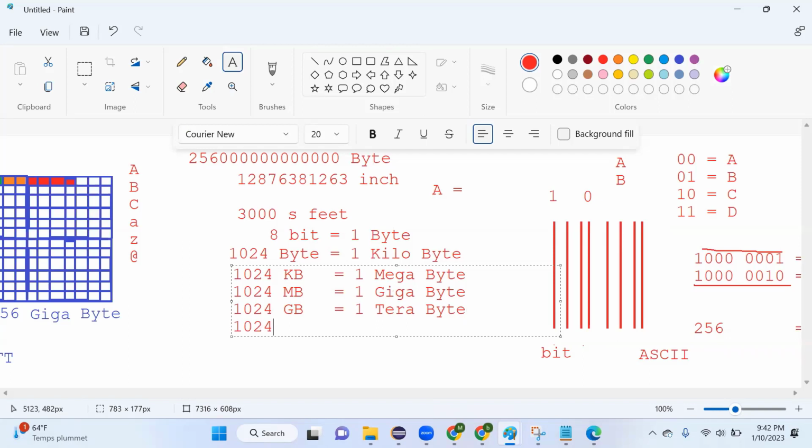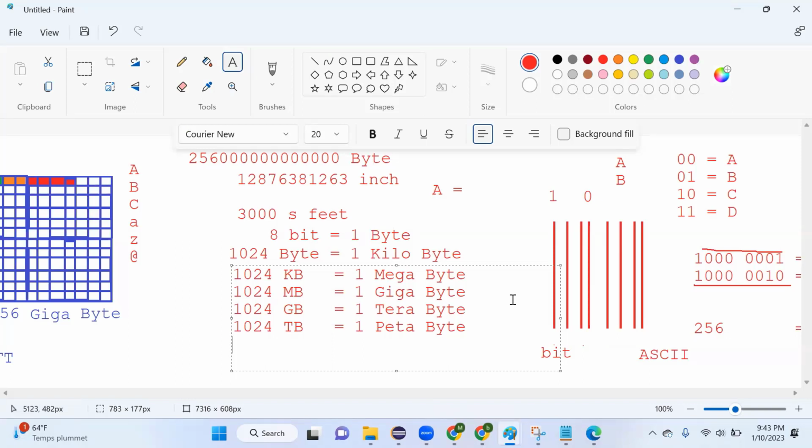And 1024 terabytes is called 1 petabyte. It is still with big and giant companies nowadays in their offices. And then zettabyte, yottabyte, we don't need these.